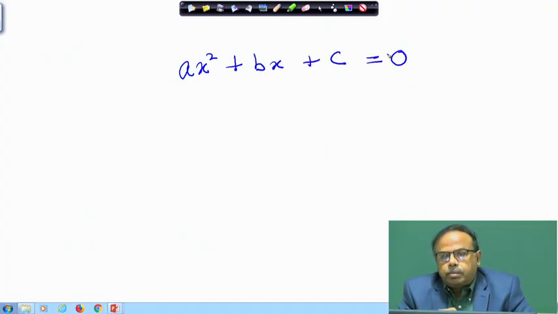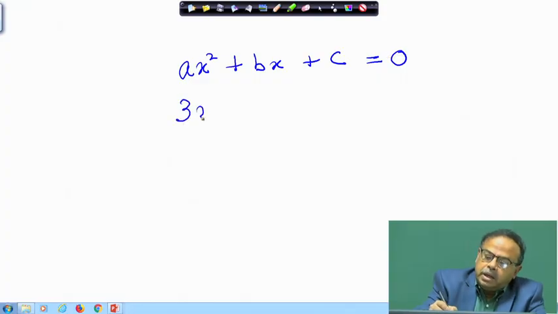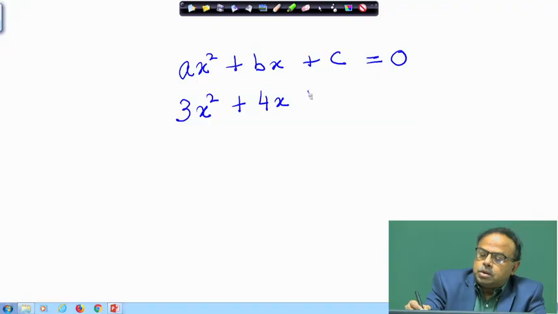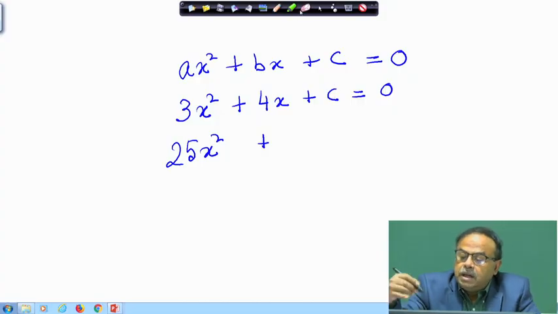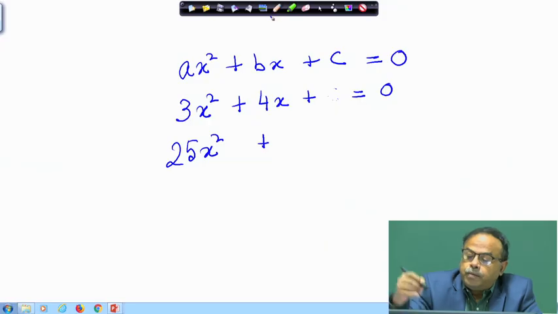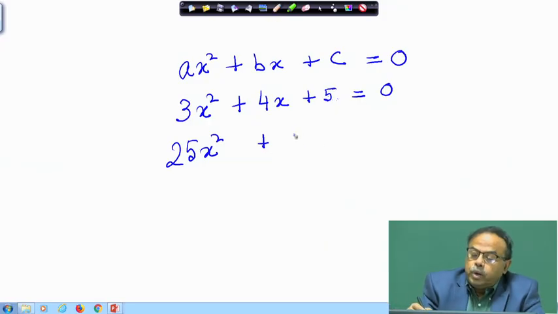So, I want to write a program that will be equally applicable to solve this equation, or 25x square plus, sorry, here I should not write c, 25x square plus 17 equals 0, or any such equation.